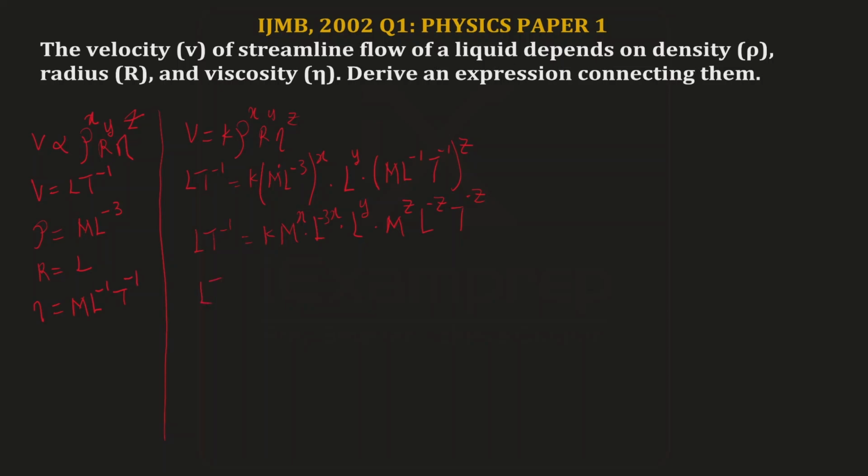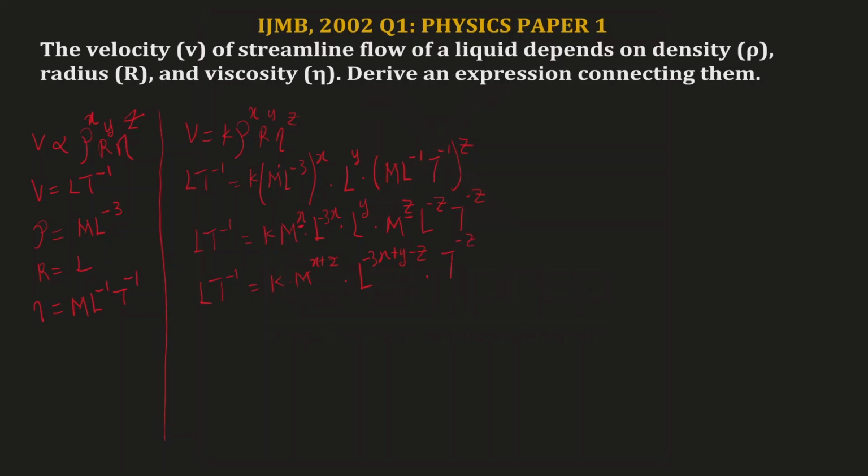So we have LT^-1 equals K, M to the power of x plus z, because for M we have an exponent of x here and an exponent of z here, and in indices, multiplication means addition. And for L, we have L to the power of -3x plus y minus z. And for T, we have T to the power of -z. We have only one T.